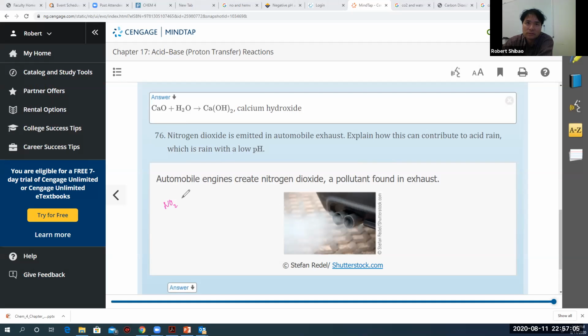So if NO2 reacts with water, I'm not going to do this one mechanistically. I'm going to do this one based on patterns. And based on patterns, this should form HNO3.